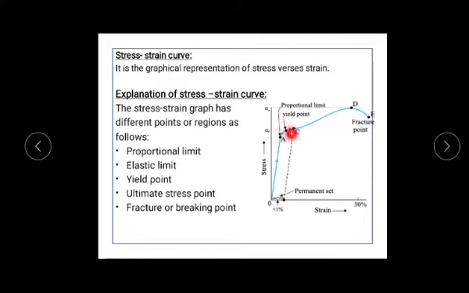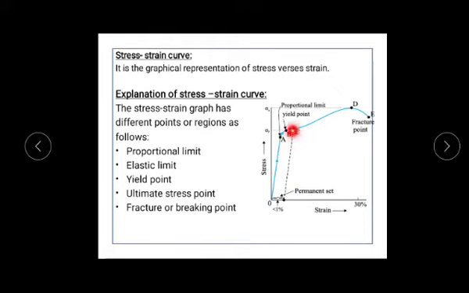Then, now observe this A to B. This A to B, it is not a straight line, means it is non-uniform curve. Stress is not proportional to strain, but at this part still the properties of elastic body are remaining, means at this part still some part of elasticity is remaining for the respective material.